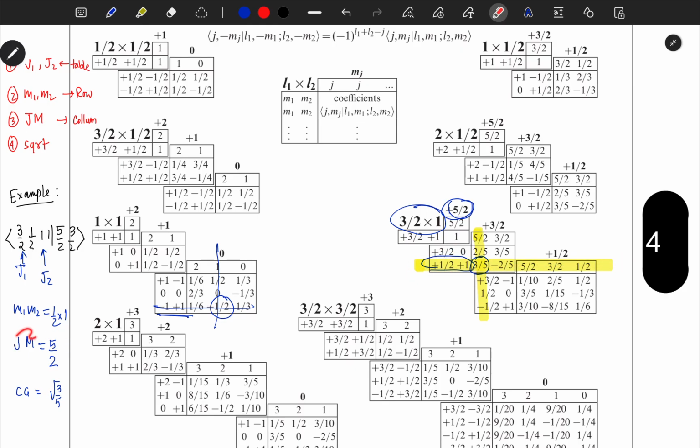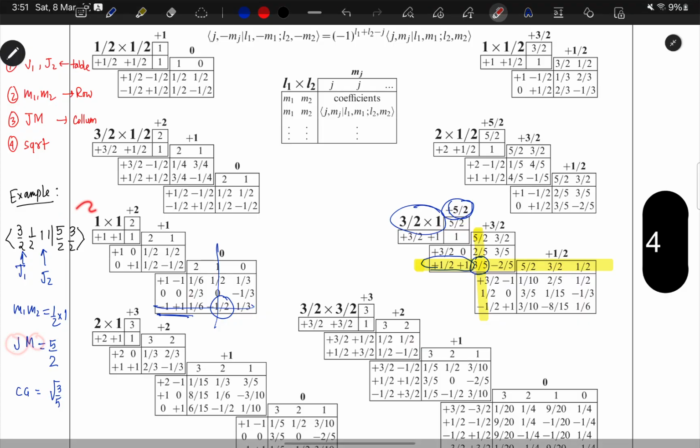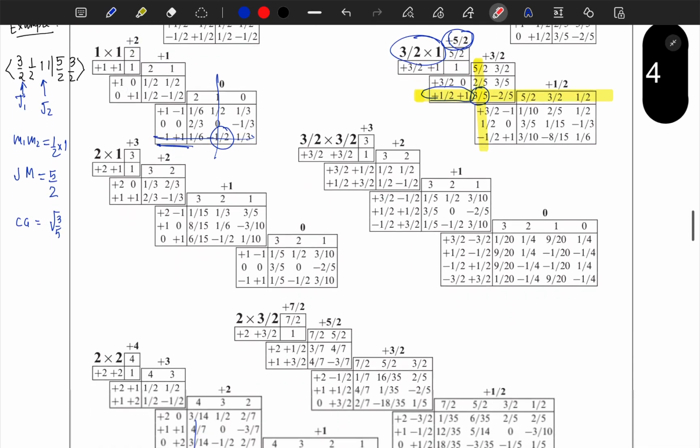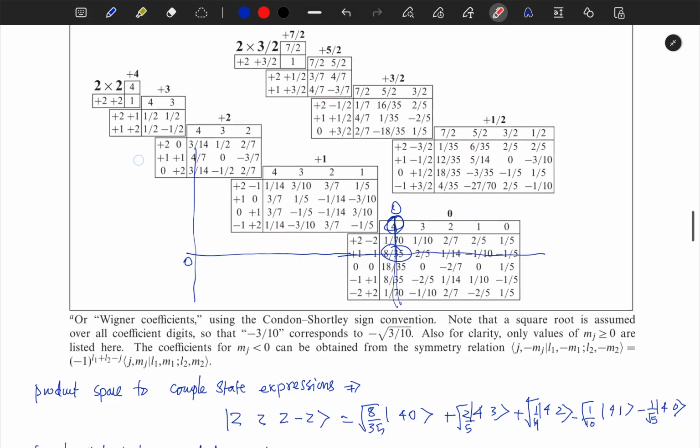Now we have to find J and M. J and M is given by 5/2 and 3/2. So 5/2 is that and 3/2 is this. Where it will intersect, that is the value, 3/5. So the CG coefficient will be the square root of 3/5. In that way we can see the CG coefficient for the coupled and product basis.